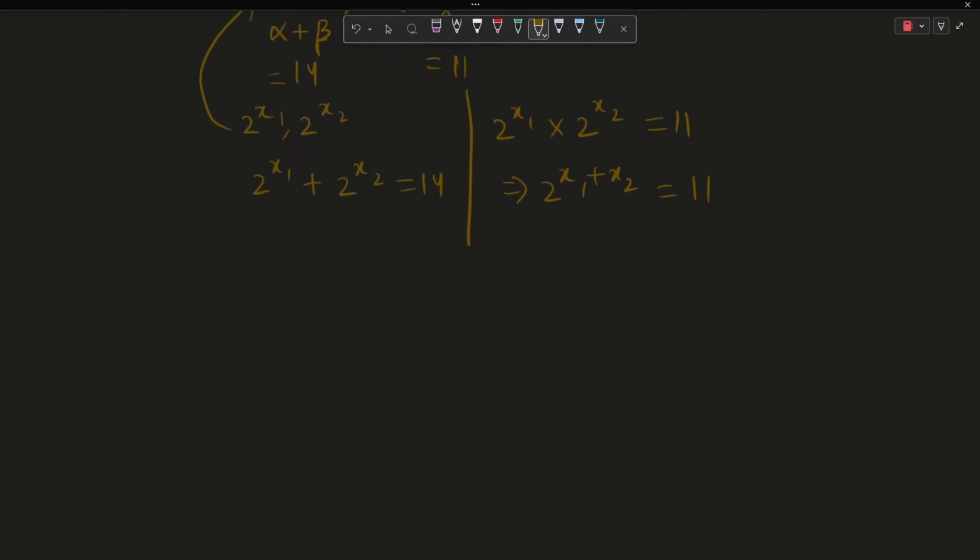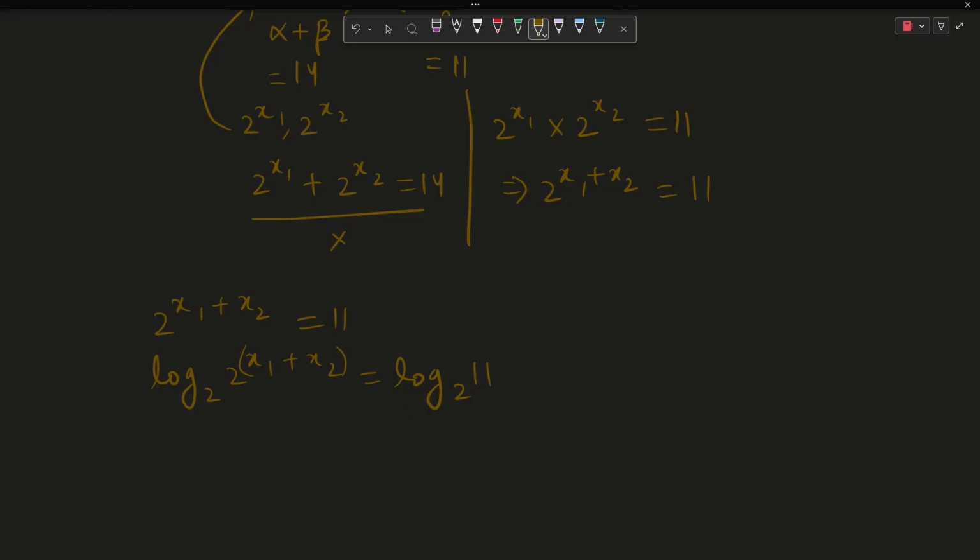So taking log on both sides with the base 2, I can write log base 2 of 2 to the power x1 plus x2 is equal to log base 2 of 11.